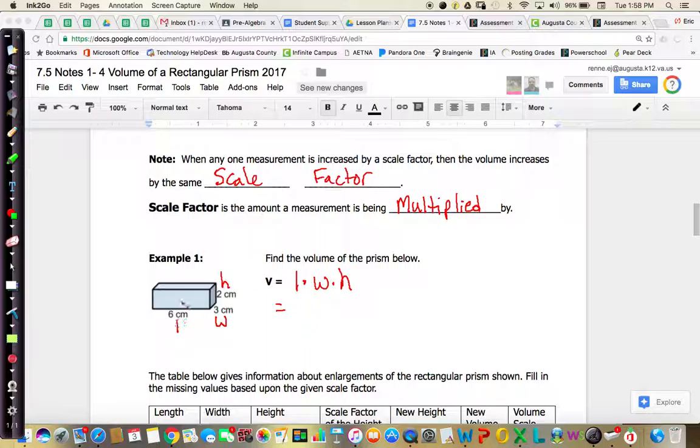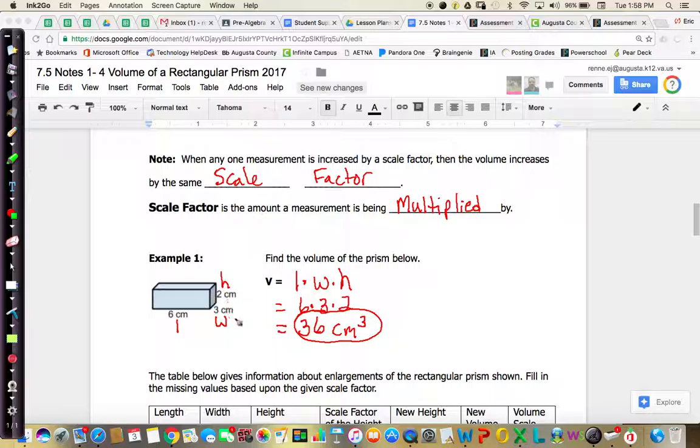And then I just look at my labels here. The length is 6. The width is 3. And the height is 2. So 6 times 3 times 2, of course, is 36. And my label is centimeters cubed. My label is always cubed for volume.